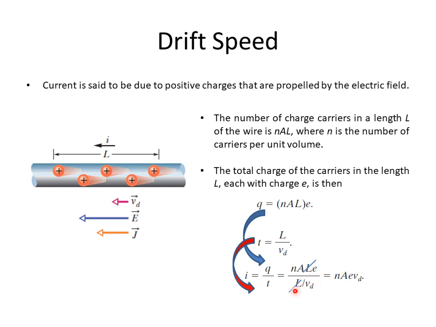L and L cancel out, and this becomes nAevd. You can rearrange these equations, so for vd it becomes I over nAe, and J is equal to I over nA.